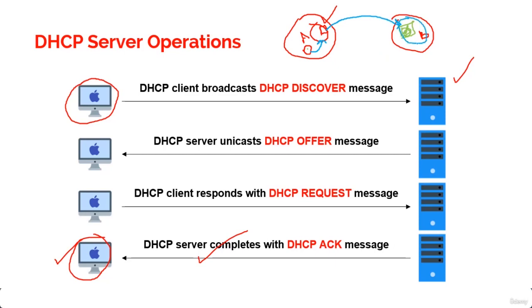So if there are two networks and your host is right here and your DHCP client is here, your DHCP server is here. Now you need to be furnished addresses, but this DHCP server has already run out of addresses. It doesn't have any more addresses. So what you want is addresses from this DHCP server, but this is in another network and you are here. So what would you do?